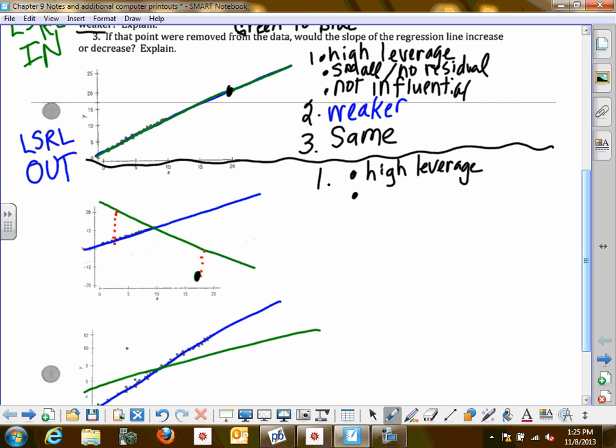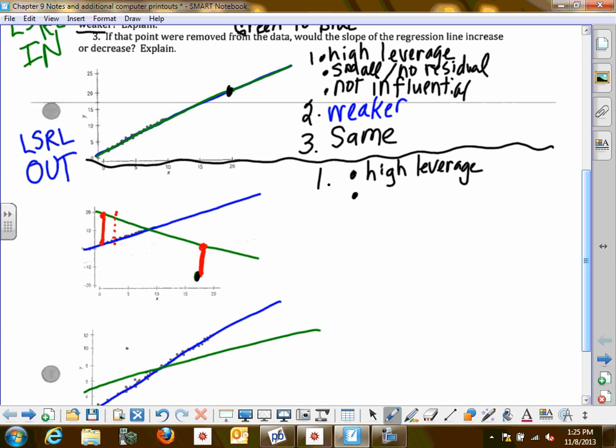You want to say that, yeah, it is, because it's going to be far away there. But you're going to want to just kind of watch it. It's difficult to tell in this case because it's pulling the line towards it. So it almost has about the same residual as any other point. So that could be very deceiving.